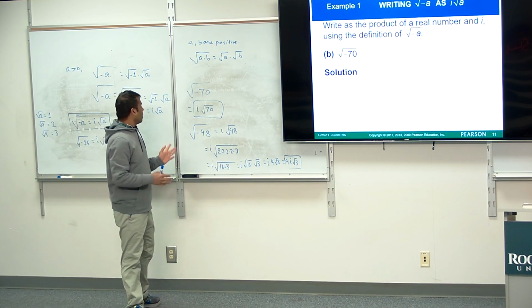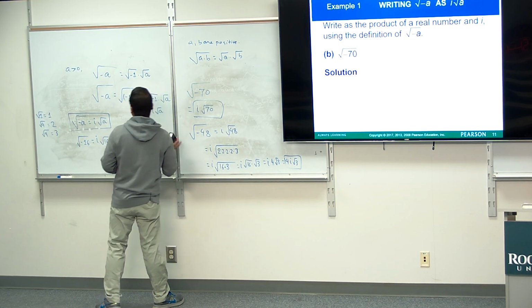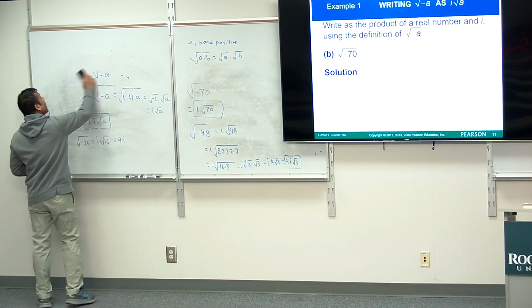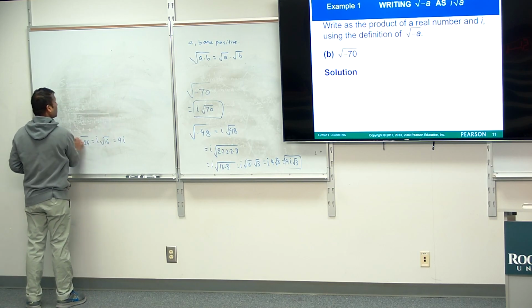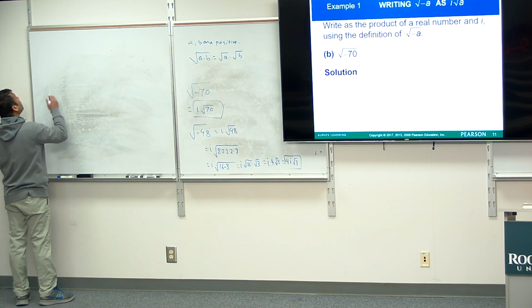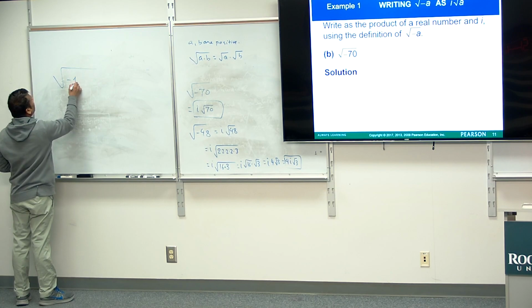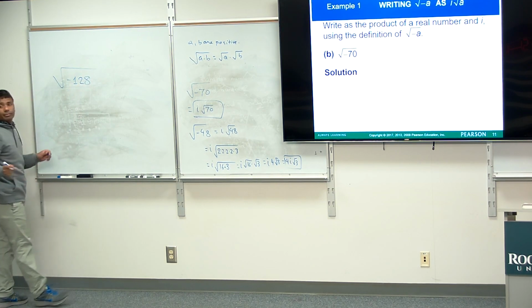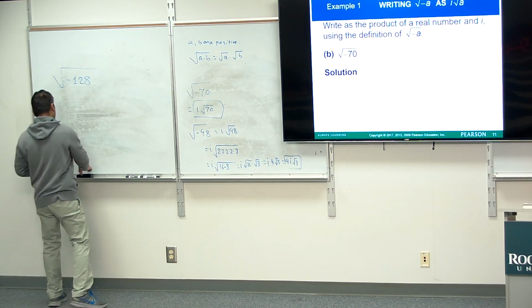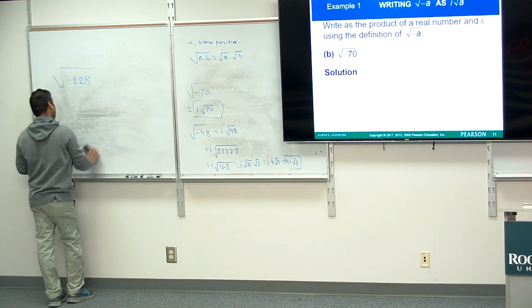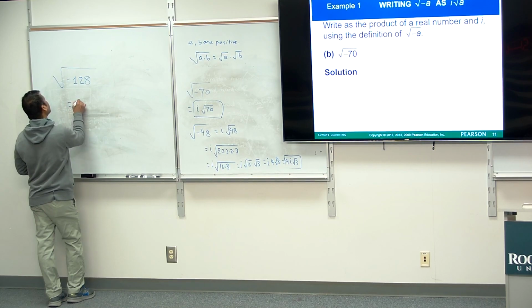So now the thing is this: if you have good mental math, you can easily figure things out. Let's say, for example, you have the radical of negative 128, right? If you have very good mental math, you can easily say, hey, this is i radical 128.